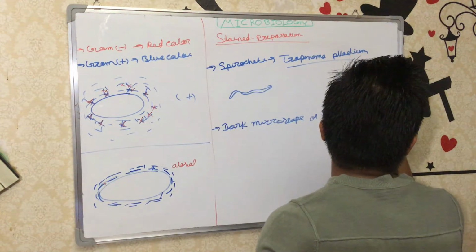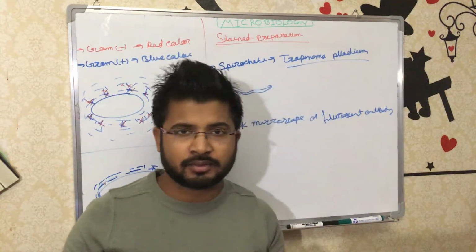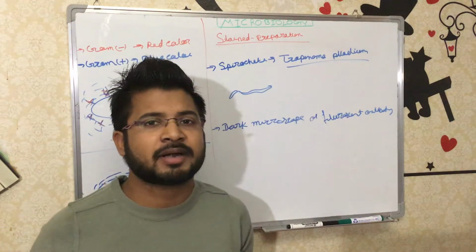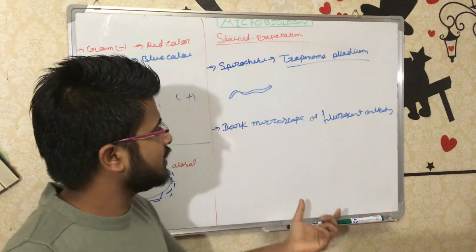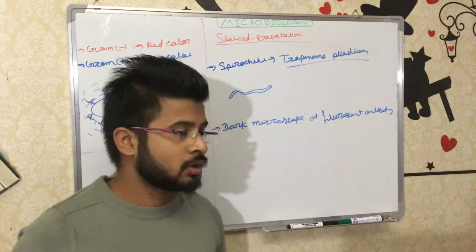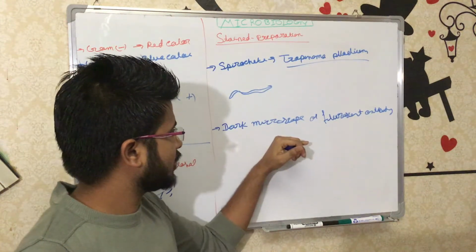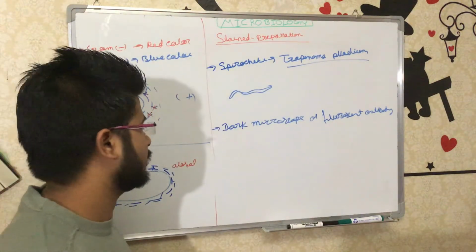These two methods can identify it. Whenever we discuss Treponema, at that time we will discuss in detail how we can identify it, because a lot of methods can identify Treponema, even all bacteria. But for now just understand that the dark field microscope or fluorescent antibodies can identify Treponema.